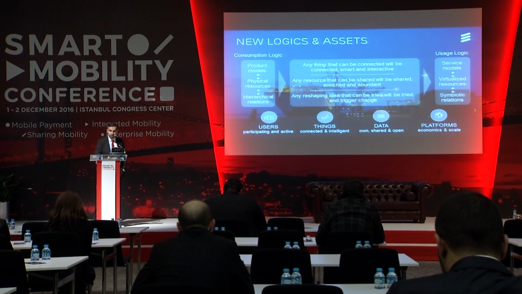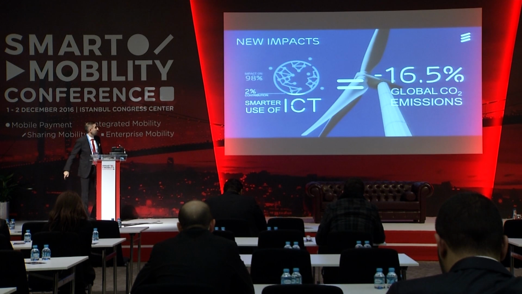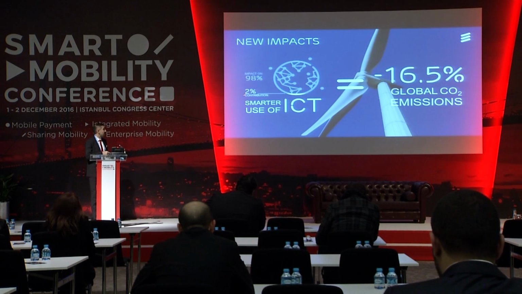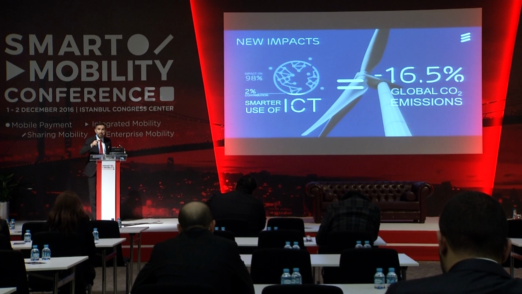And finally, platforms, economics, and scale. To do this right, ICT, or information communication technology, plays a big role, and we have to use ICT because it's also important to lower carbon emissions. Now, if you look at our technology, our ICT actually contributes only 2% to the global carbon emissions.